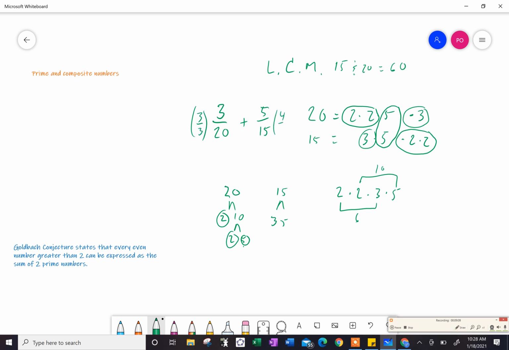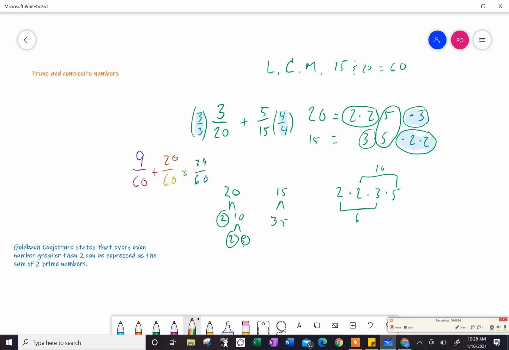And multiply this by 4 over 4. And because look what we did here. This one ended up with that, and this one ended up needing that. That's where these 3's came from, and that's where these 4's came from. So I would end up with 9 over 60 plus 20 over 60, and then you could add these up and get 29 60ths.